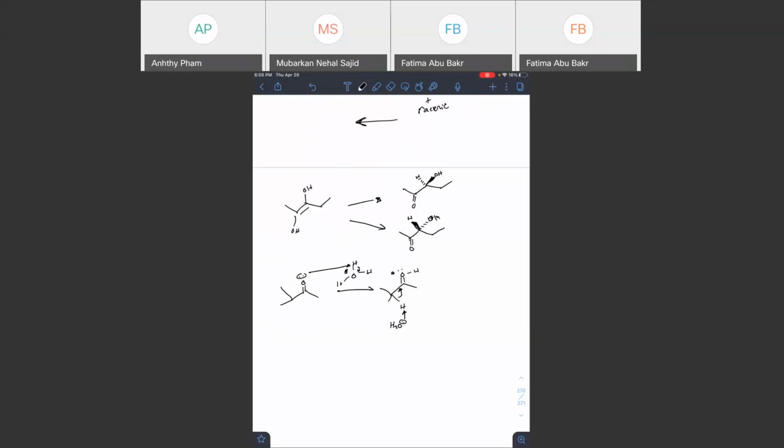This is going to go here. And then this is also going to accommodate the plus charge. So then what you get is the double bond here, and this is now an OH. Okay, so that's the final product, an enol. So acid catalyzed enols, ketones to enols.